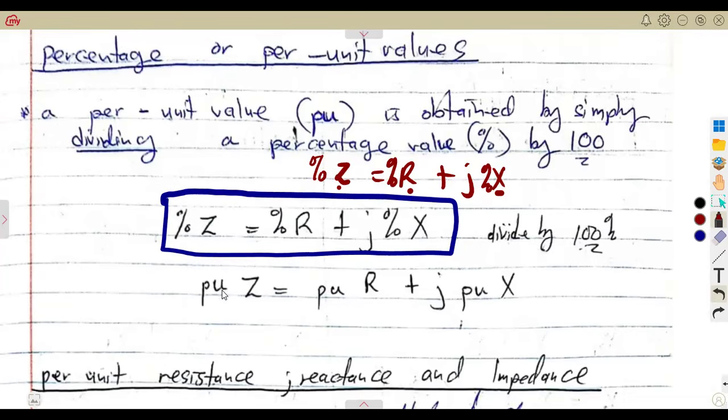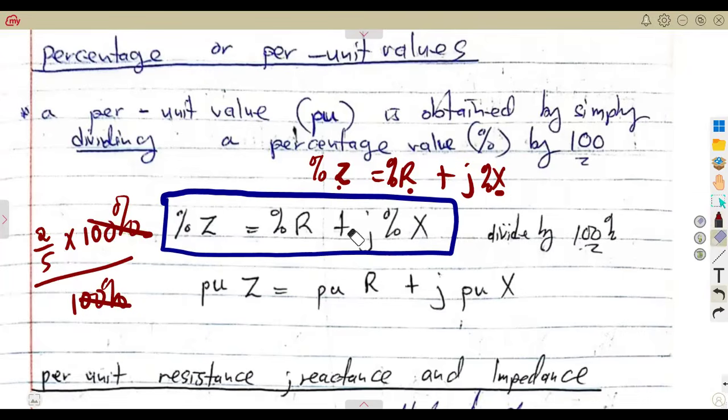Then the per unit value is now determined when you divide. Remember, percentage, guys, is you express anything as a percentage, like let's say you've got 2/5. How do you express it as a percentage? You multiply by 100%. You get a percentage. So to remove that percentage, the opposite, you must divide by 100% to remove that.